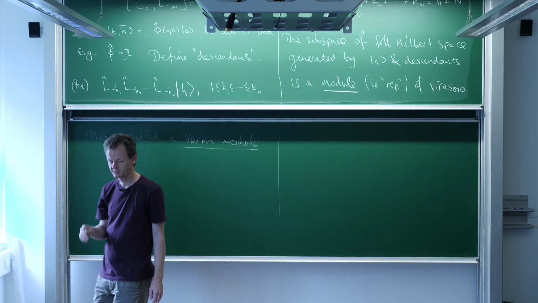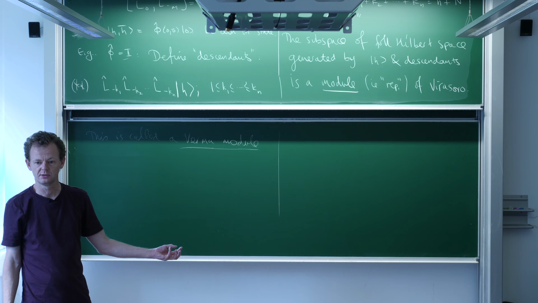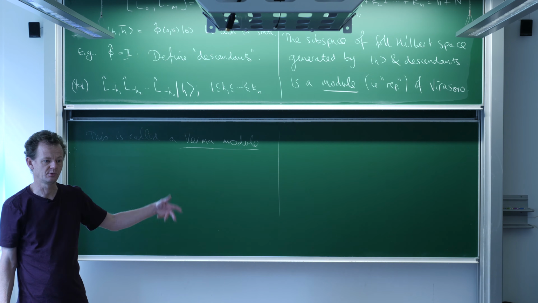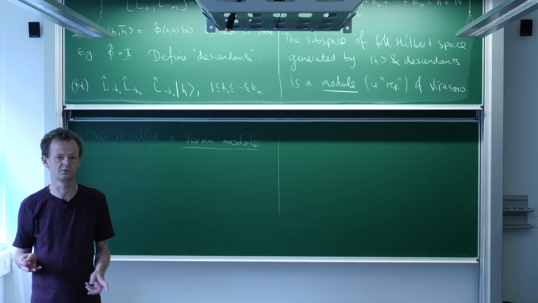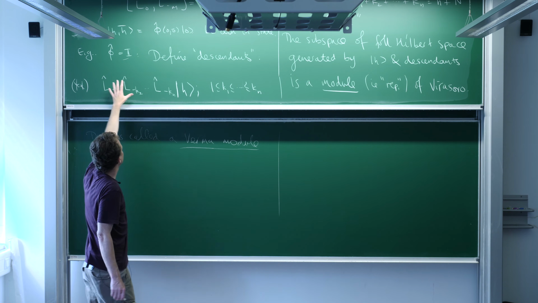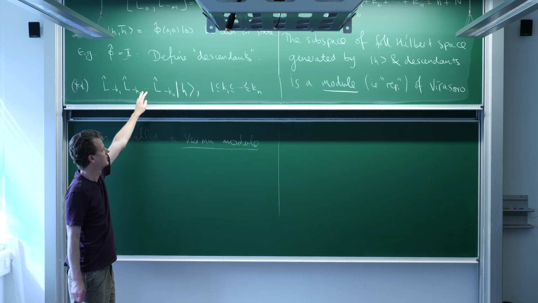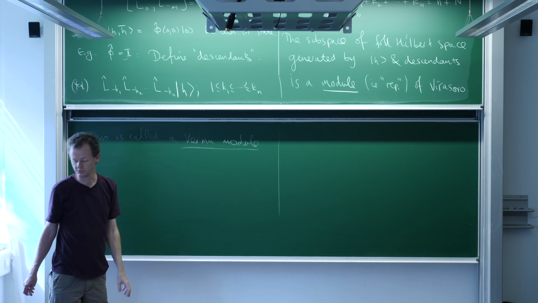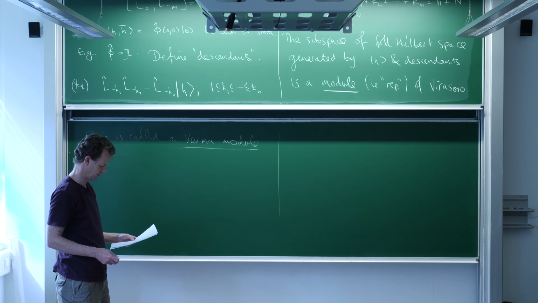So this little sub-representation is found by taking one primary field, building the asymptotic in state, then applying all the Virasoro generators, that means all the local conformal transformations, to that state, to build the smallest Hilbert space which is closed under the action of Virasoro. That's this Verma module. So there's a whole study of Verma modules and their properties.